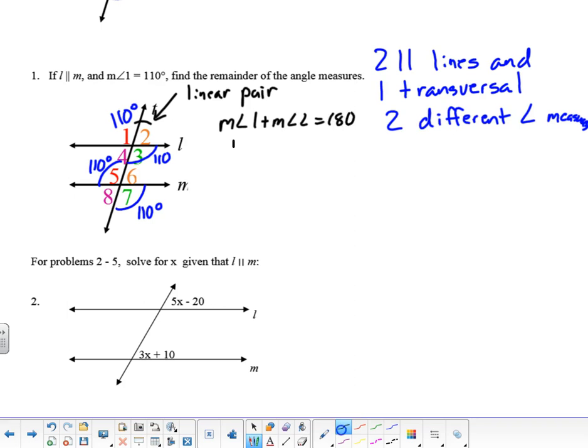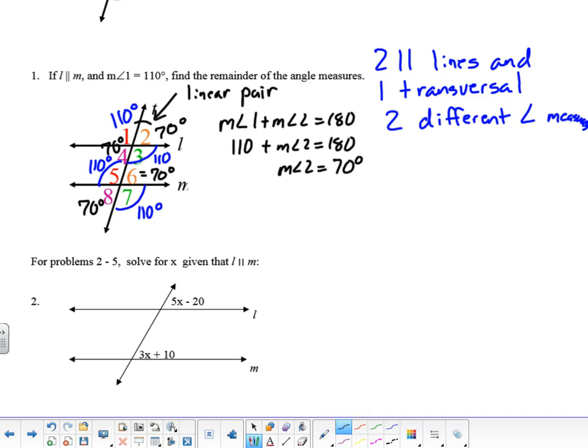So we know that 1 is 110 plus the measure of angle 2. So therefore the measure of angle 2 equals 70 degrees. So 2 is going to be 70. So that means what's 4? You guessed it, 70, because those are vertical angles. 6 would be 70, and 8 would be 70. Okay, so those are the two angles.